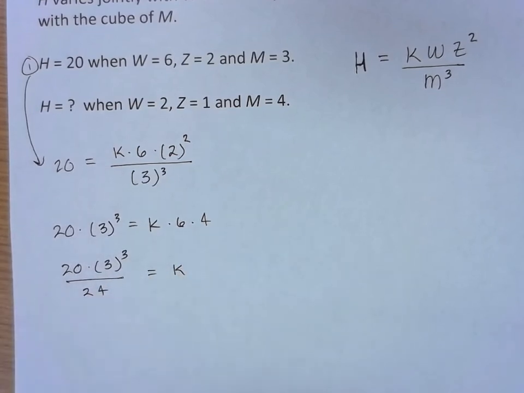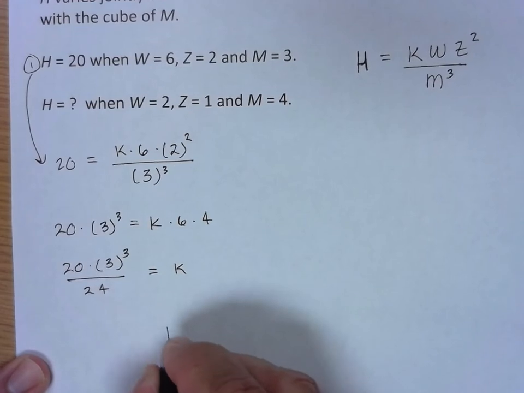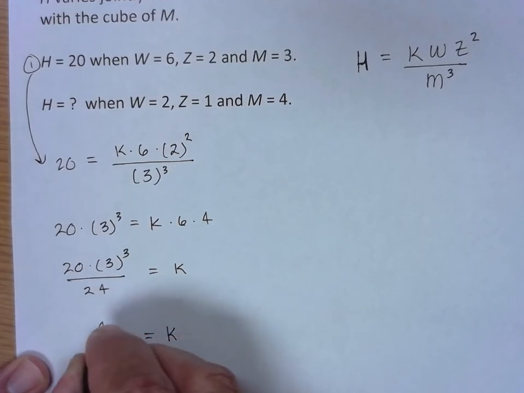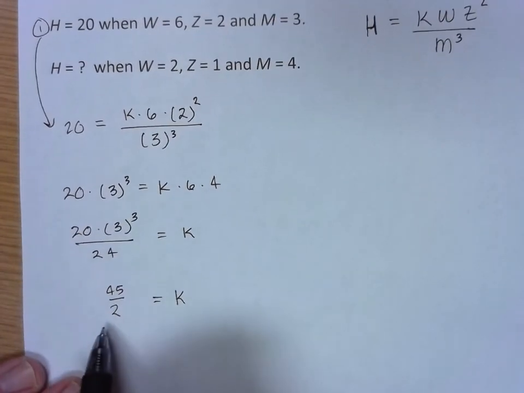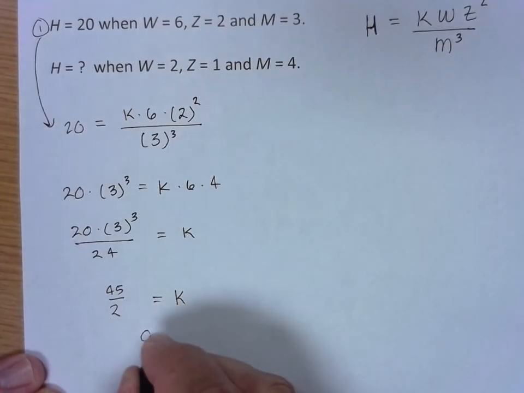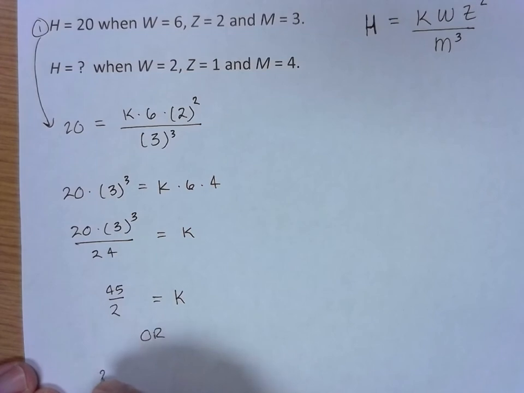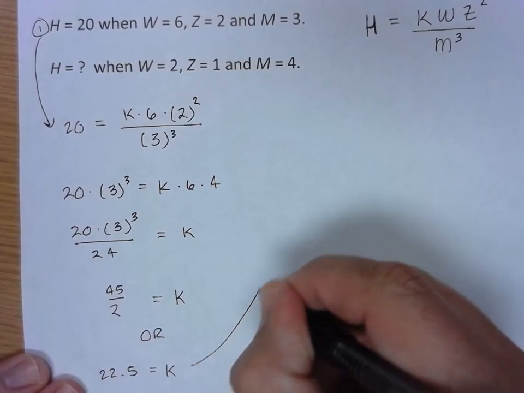And so then if I crunch that out carefully on the calculator, 20 times 27 divided by 24, that's going to give me, okay, I'm going to go ahead and make it a fraction. K equals 45 halves in this case, okay? Or since halves convert easily to decimals, you could even go so far as to say 22.5 if you want to, equals your k.